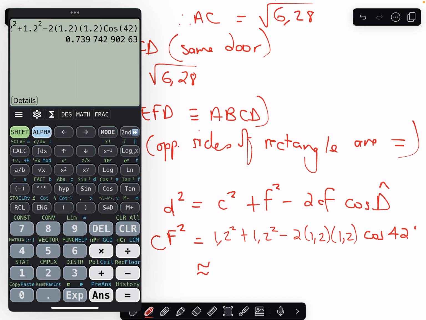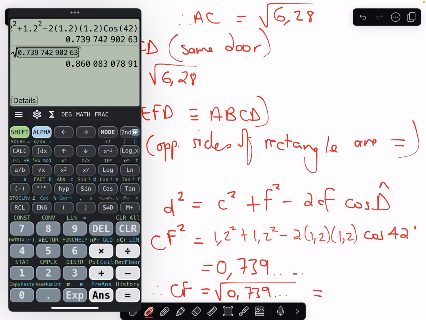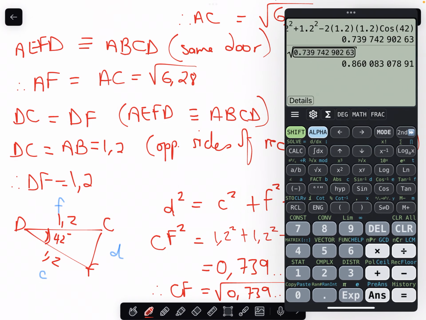So that is 0,739 blah blah blah. So therefore CF will be the square root of that, which is... okay, right.